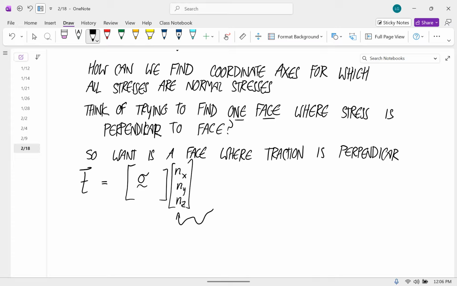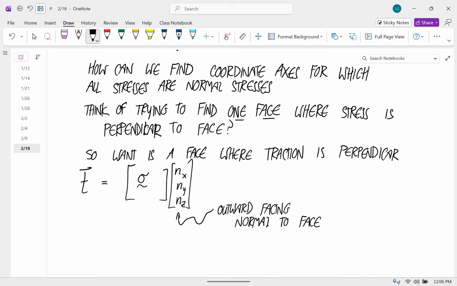And this was an outward facing normal to the face. Okay. And so this is how we're going to calculate the traction on a given face.